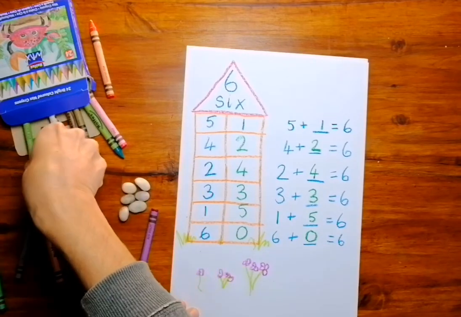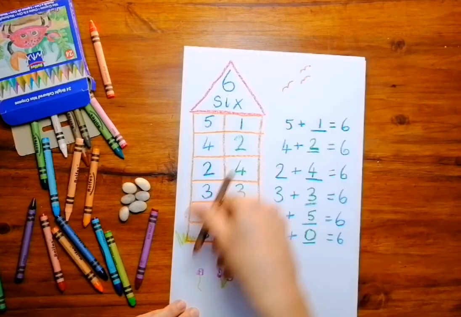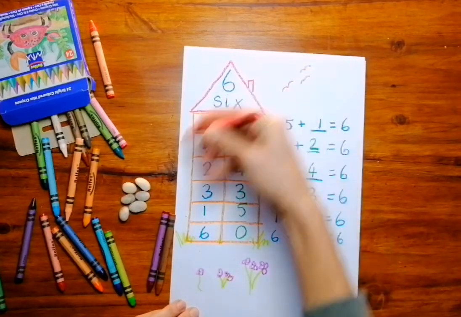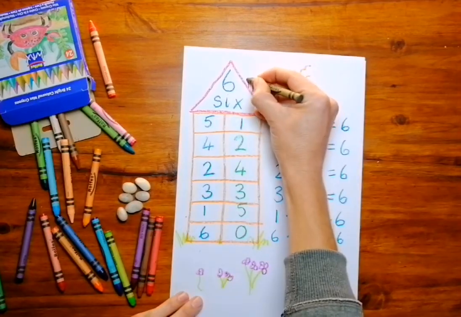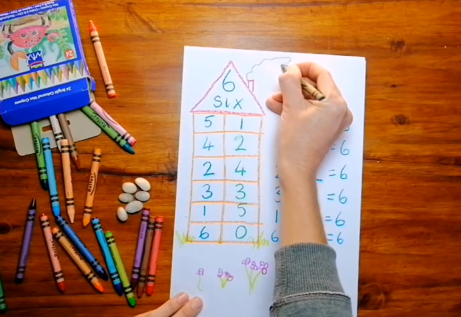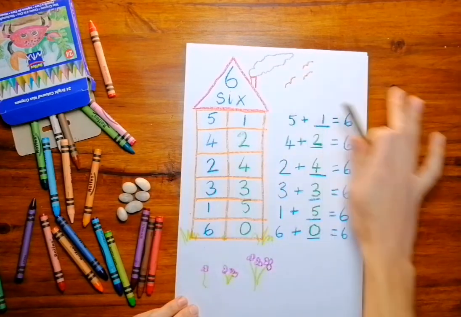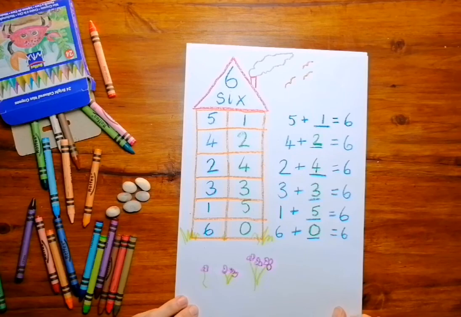But you can do a beautiful picture, maybe some birds in the sky. Maybe the house has got a chimney and it's cold, so maybe the chimney's got some smoke coming out of it. Okay, you can cover your whole picture beautifully to finish your house of 6.